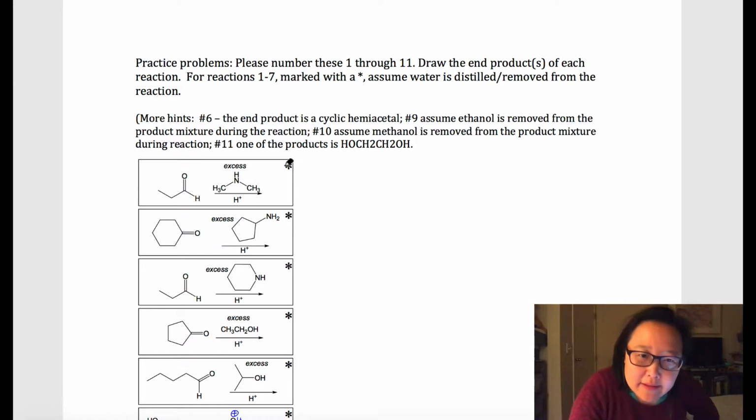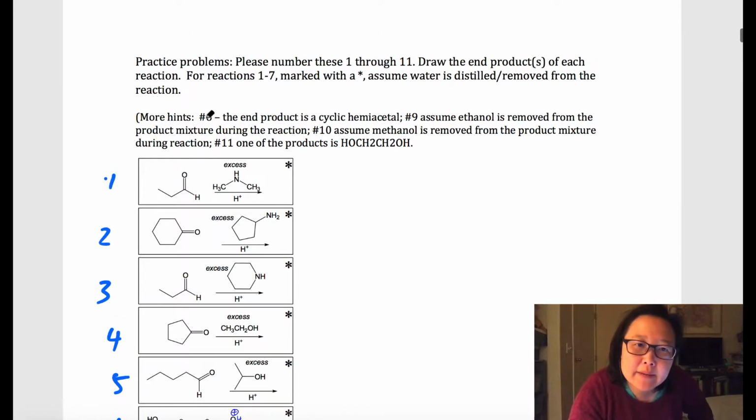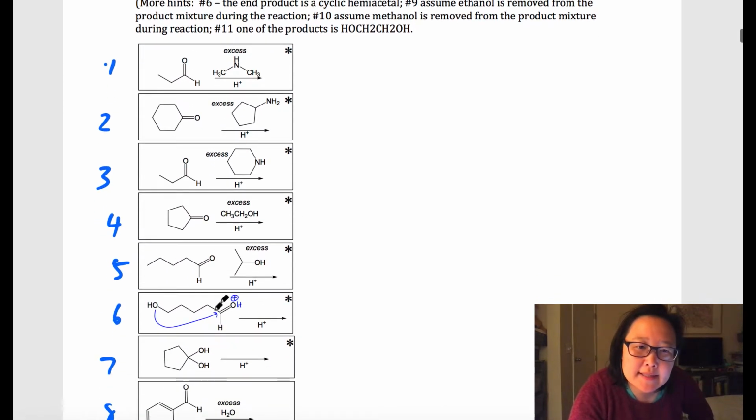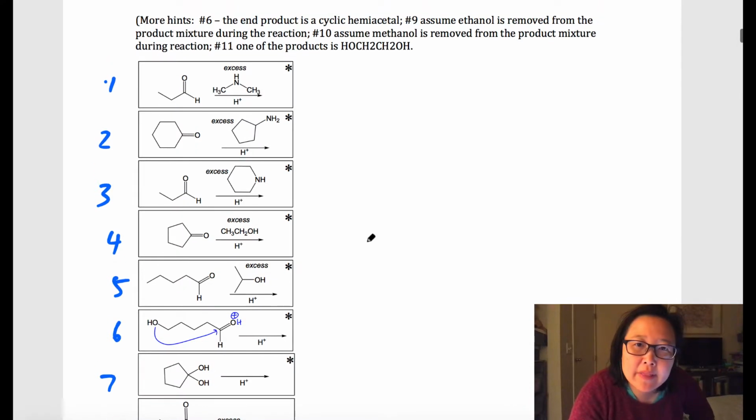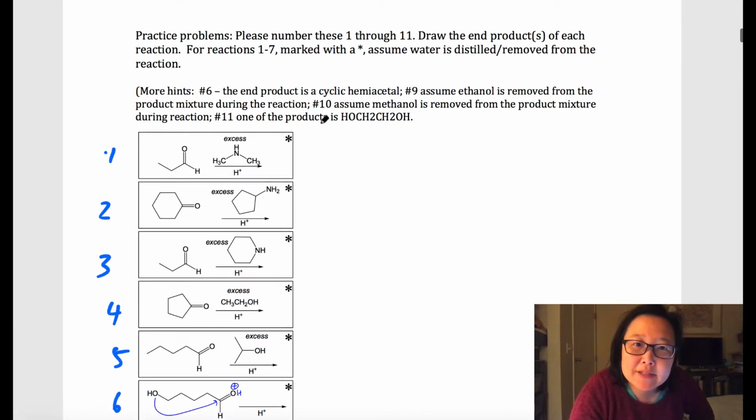And when there's an asterisk, assume that the water is distilled or removed from the reaction, meaning usually that we drive the reaction forward, okay? And there's some more hints here at number 6. The end product is a cyclic hemiacetal, and here's some guidance for you on that. For number 9, assume ethanol is removed from the mixture to drive the reaction forward.